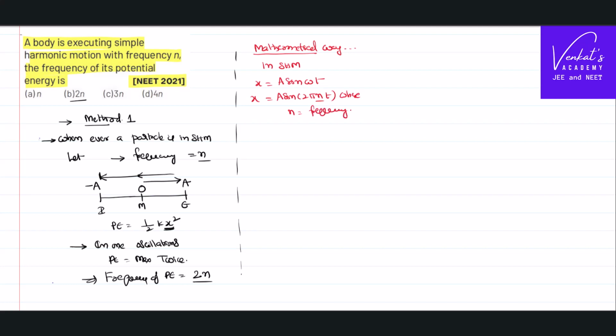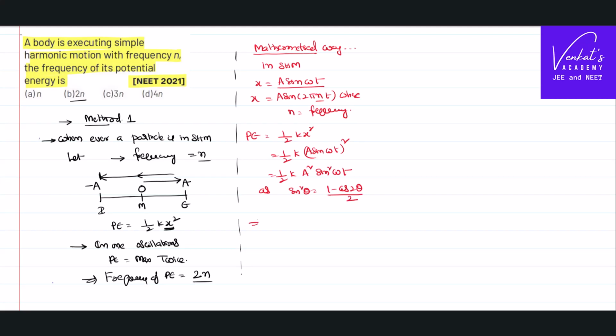If you write the equation for potential energy, as I told you, half k x square, where k is the force constant and x is a sin omega t, whole square, that is half k a square sin square omega t. We can express sin square theta as (1 minus cos 2 theta) by 2.